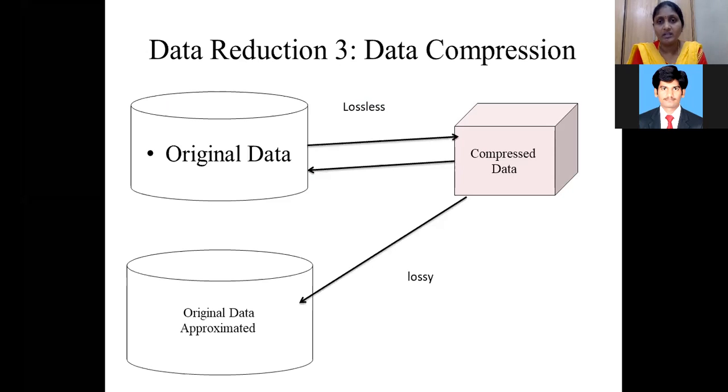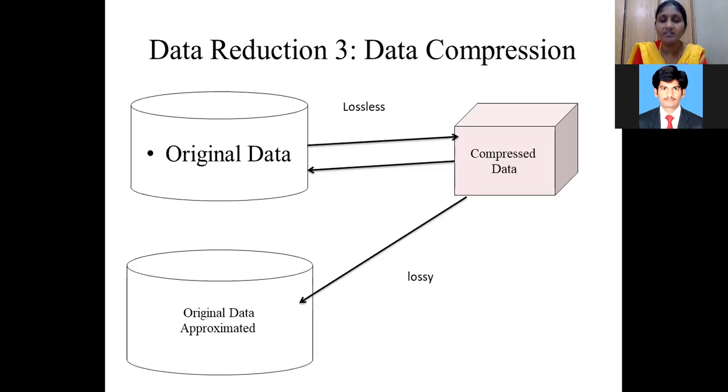Why do we require data compression? In real time, for various purposes, we are compressing the data. When you want to transfer data from one location to another in digital format, if the data size is large, transmission may take more time. So we compress the data into different formats.